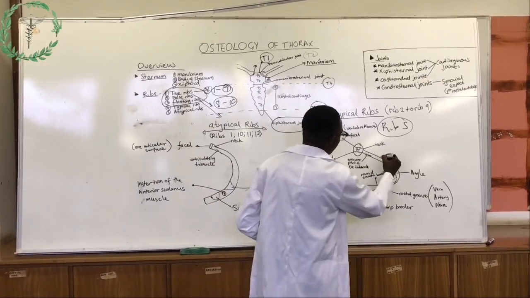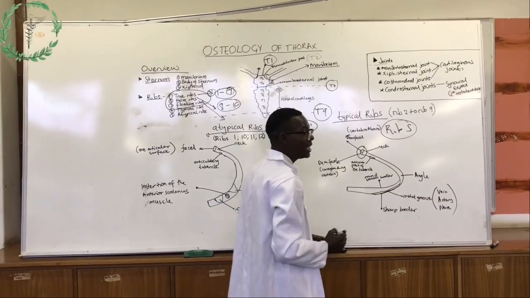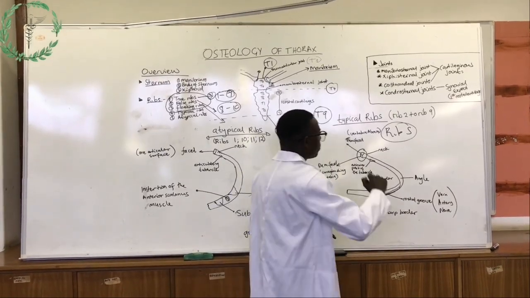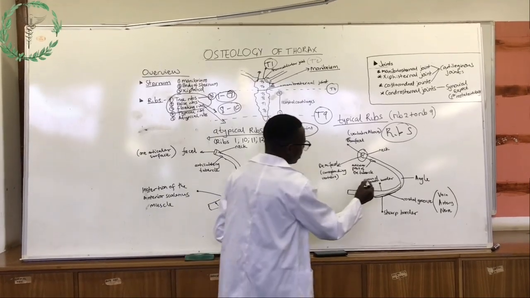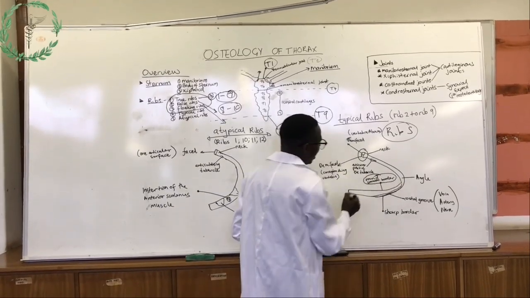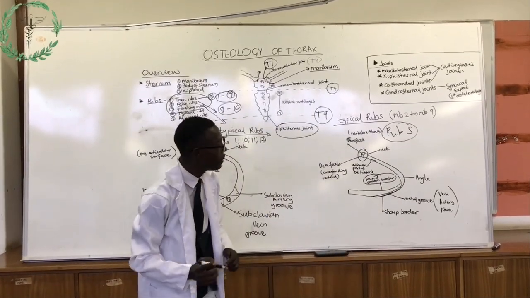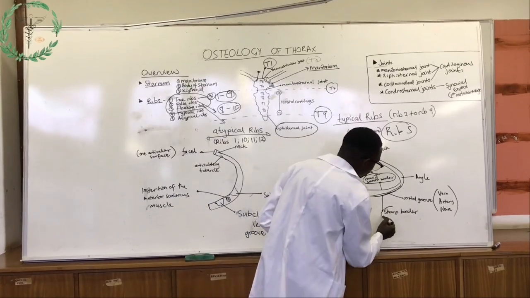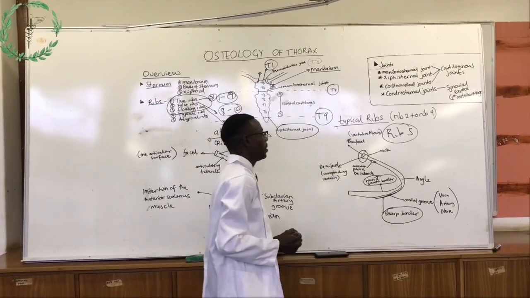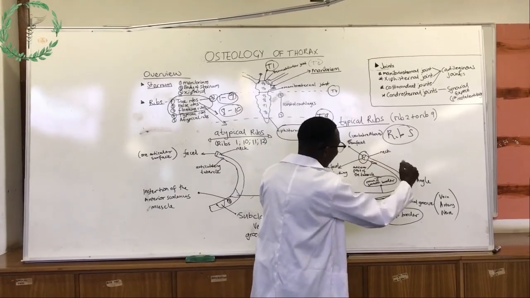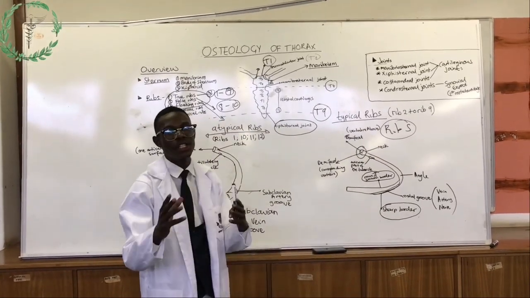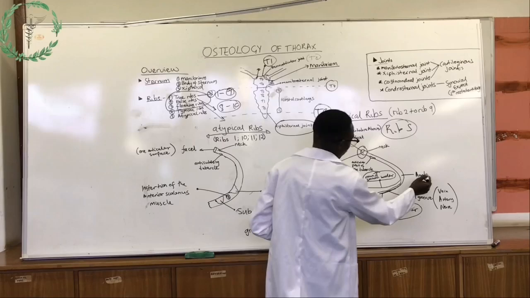And then the rib has a body. At the superior aspect of the body, it is round and smooth. At the inferior aspect of the body, it is sharp. The point where the rib curves towards the anterior aspect of the body, we say it's an angle.